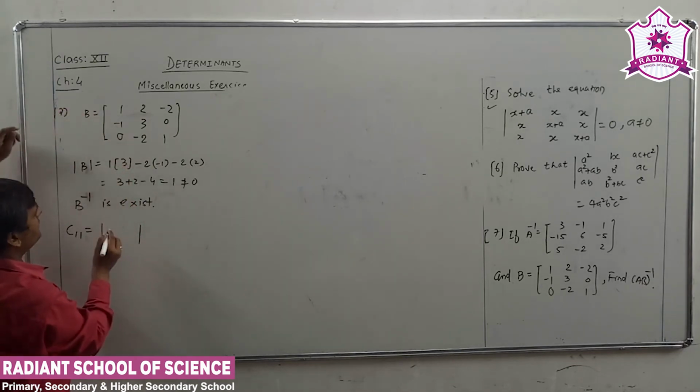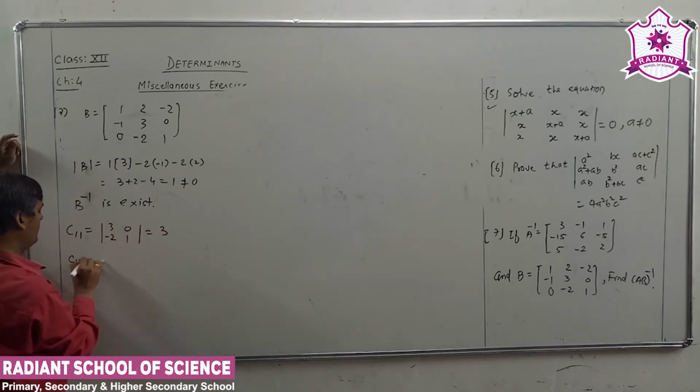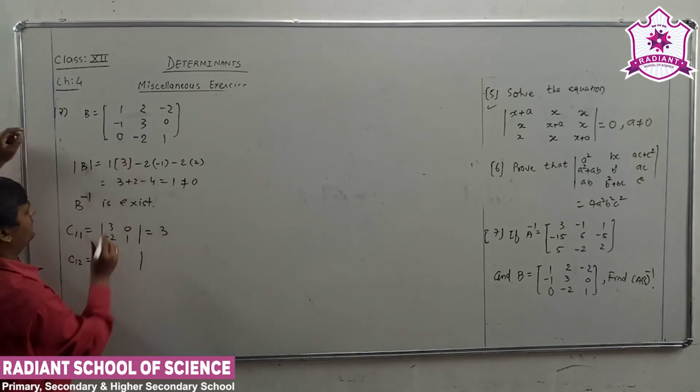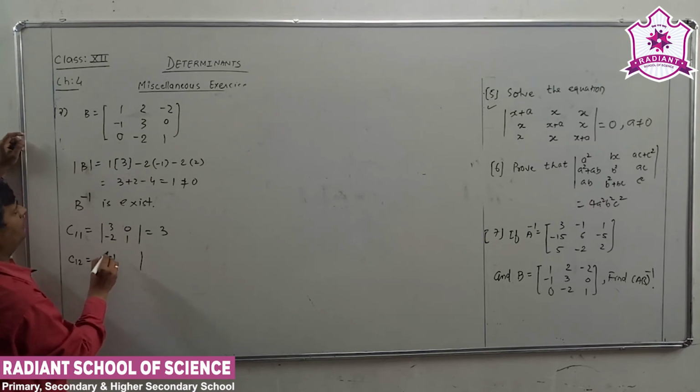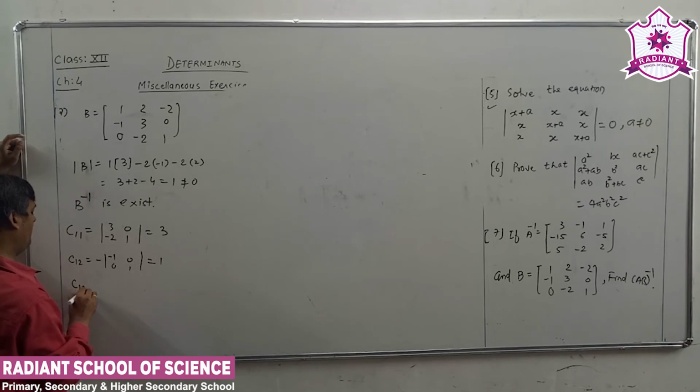Hide this row and column: 3, minus 2, 0, 1 is equal to 3. C12 is equal to minus, since minus 1 to the power 1 plus 2, that means 3. Hide this: minus 1, 0, 0 and 1. So minus 1 minus minus plus 1.